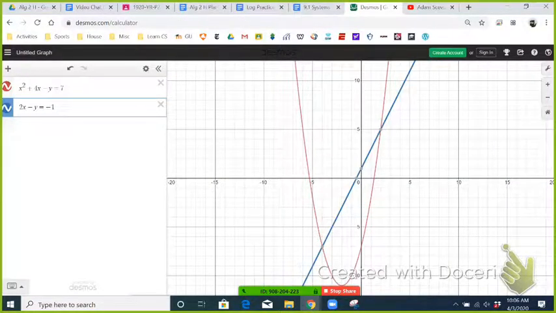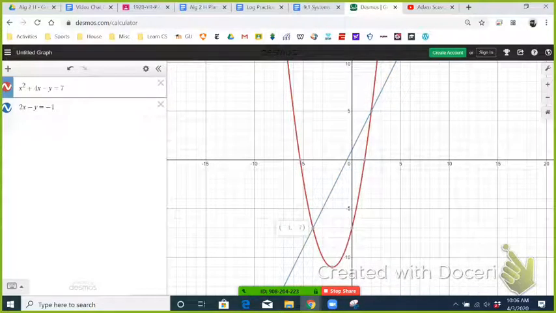Alright, we can verify our solution by making sure that these two graphs do intersect at those 2 points. And so that means that these are the 2 points that are on each graph, which means that those are the 2 points that satisfy both equations. So those are our solutions.